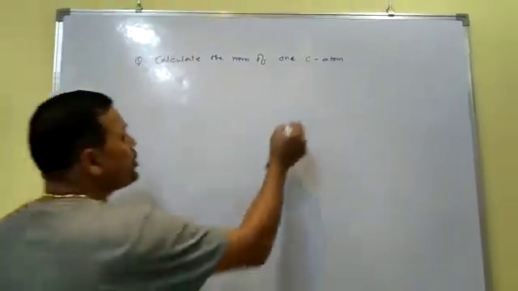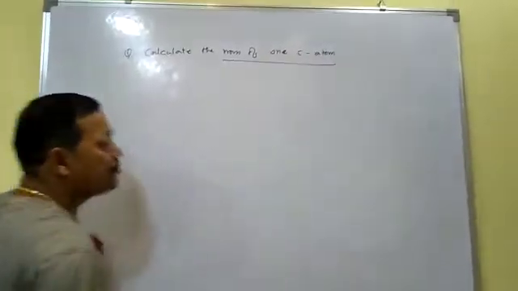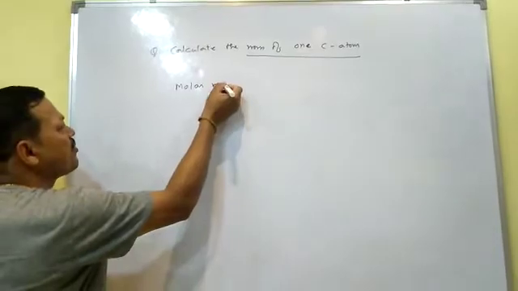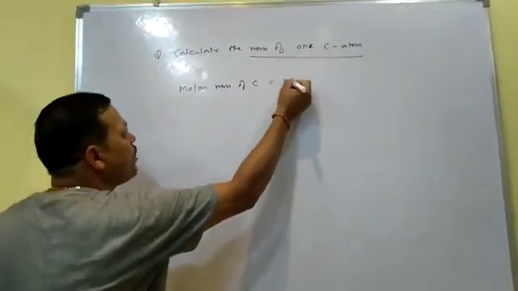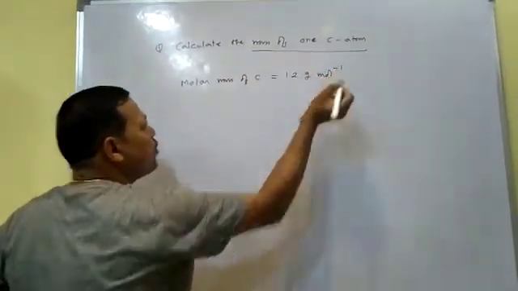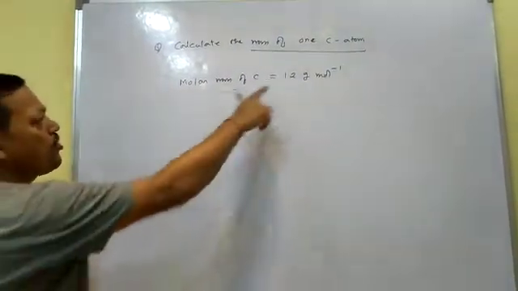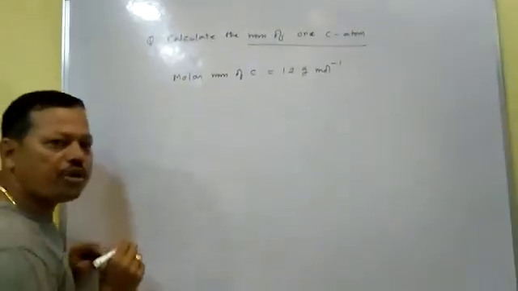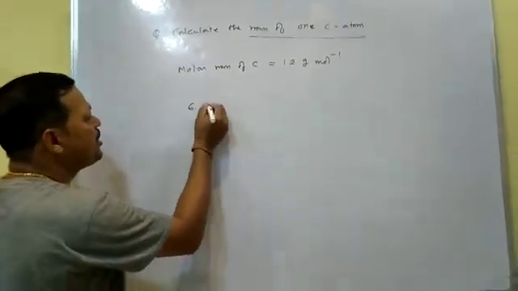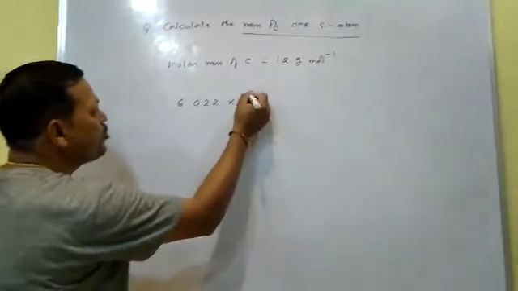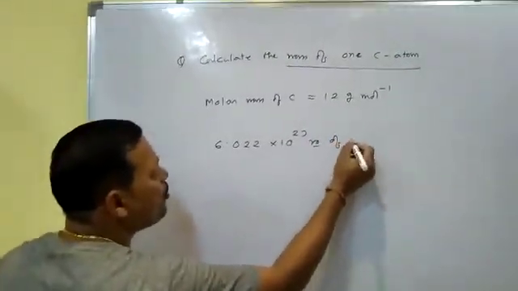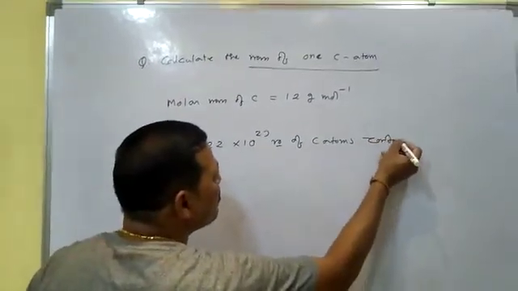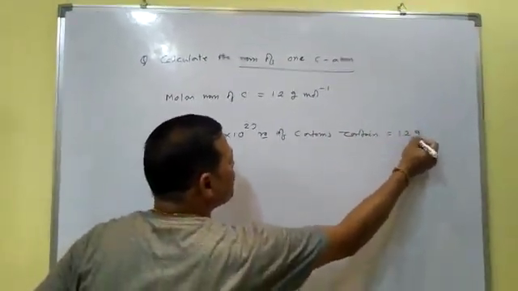So if you want to determine the mass of one carbon atom, how do you do it? You know, molar mass of carbon is 12 gram per mole. I mean, one mole contains this much gram. So one mole means how many atoms? 6.022 into 10 to the power 23. That means 6.022 into 10 to the power 23 carbon atoms contain 12 gram.